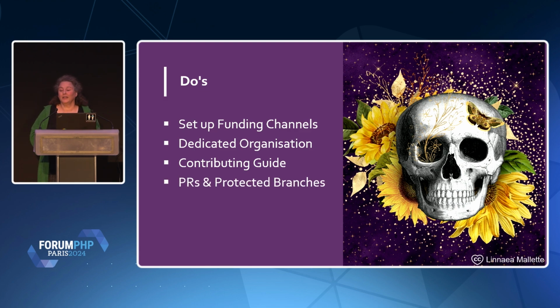Another one, use PRs and protected branches. Now, yes, I can commit straight to the repo, but if I commit straight to the repo, nobody sees it. If I use PRs, and especially when they're feature PRs, I leave them open for 3 days up to a week, again, I give people a chance to pitch in. I give people the chance to review my PRs, to voice an opinion, to actually contribute in that way and give them an on-ramp again to start contributing.